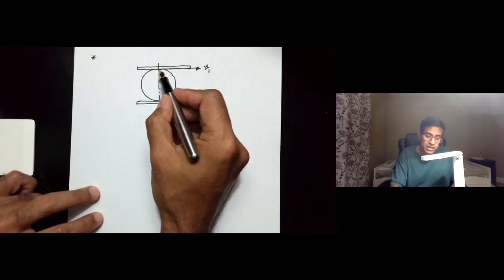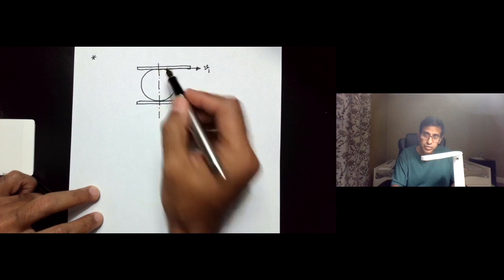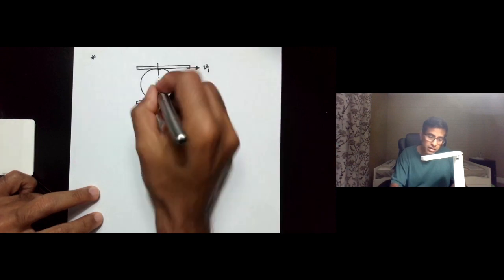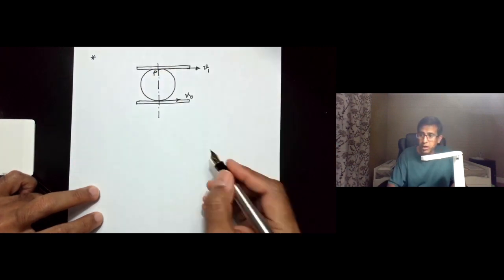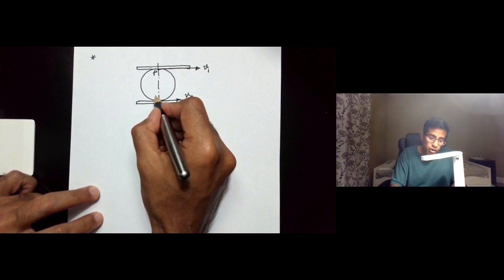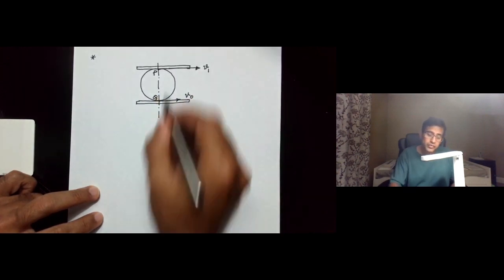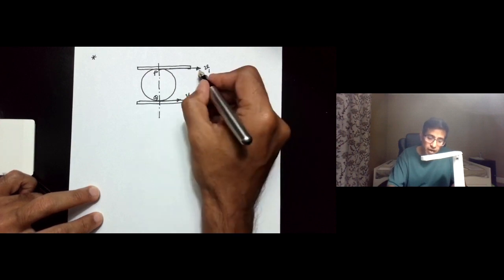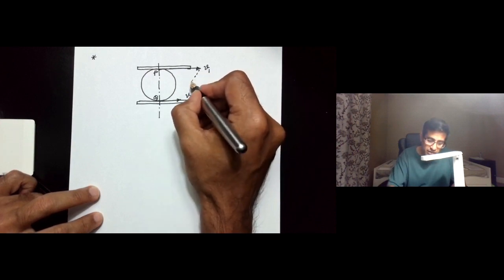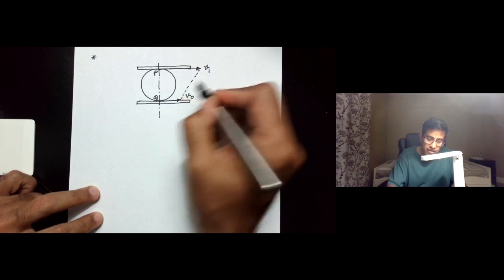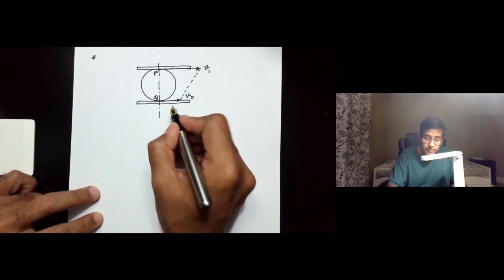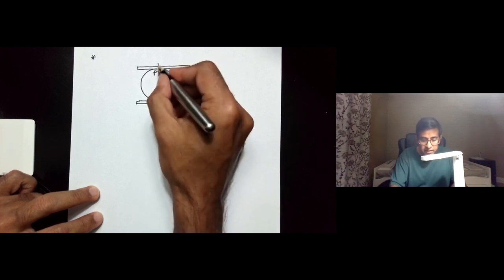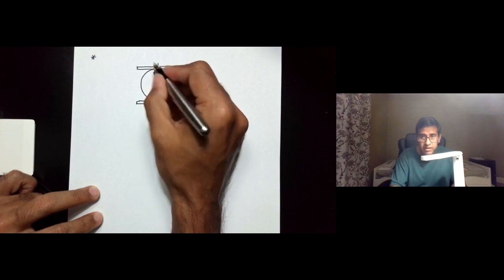Now since this is a gear that is meshed to these two bars, the velocity at the top, let's say at the point P, is going to be v1, and the velocity at the bottom is going to be v0. If you consider this gear, you can find the instantaneous center by joining these two velocities, because they are parallel but on the same rigid body, and the perpendicular lines to the velocities are the same.